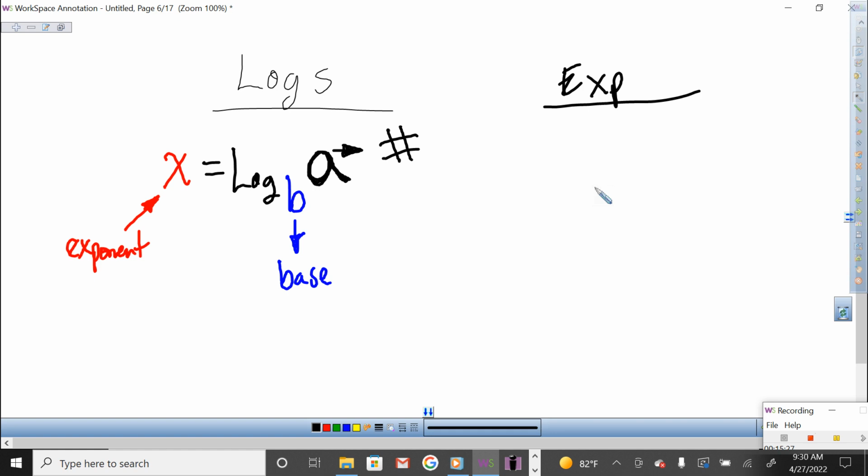Rewrite that as an exponential. B to the x. Close.